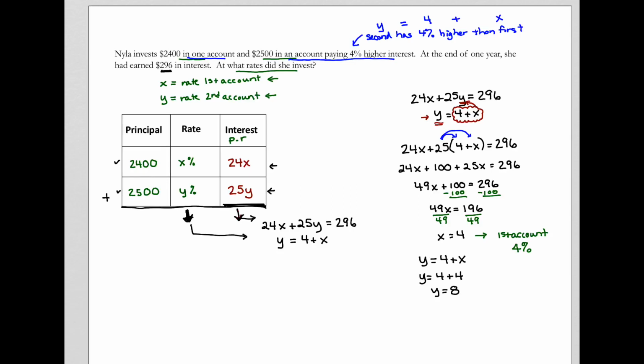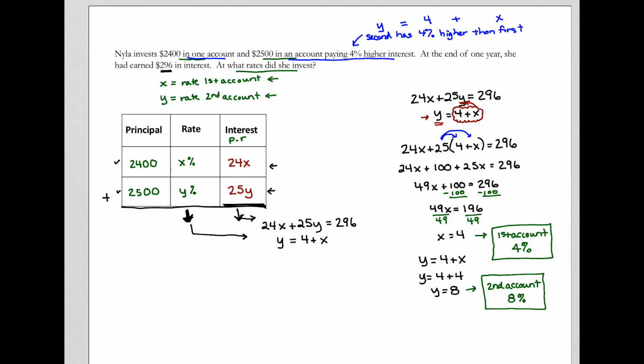Similarly, y was the rate of our second account, and so that means the second account has a rate of 8%. So Nyla invested money into two accounts, the first of which was a 4% interest rate account, and the second of which was an 8% interest rate account.